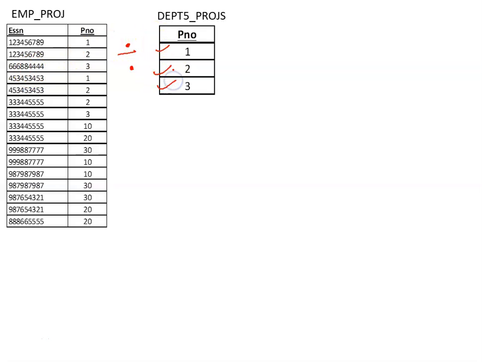We have already seen the working of the division operation. Okay. So finally the output of this would be SSN or ESSN, who is working on all the projects.